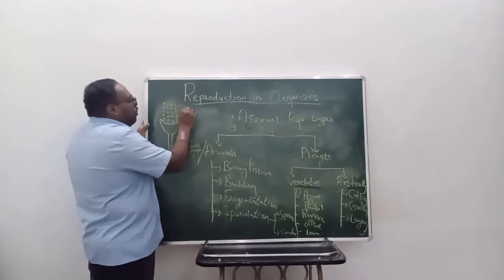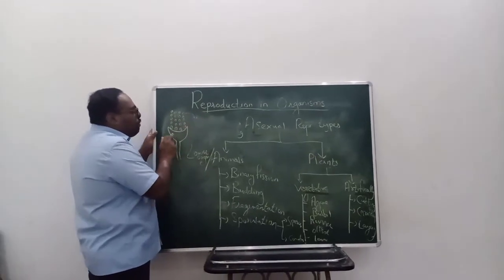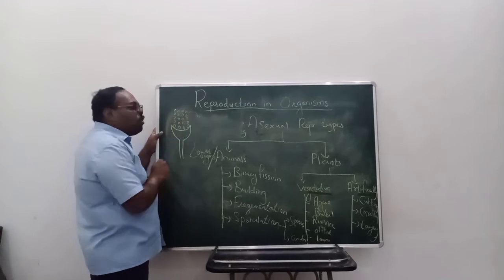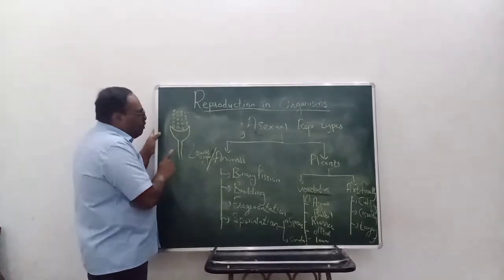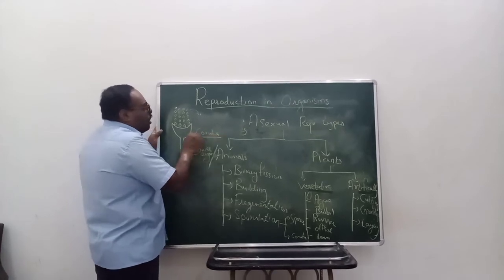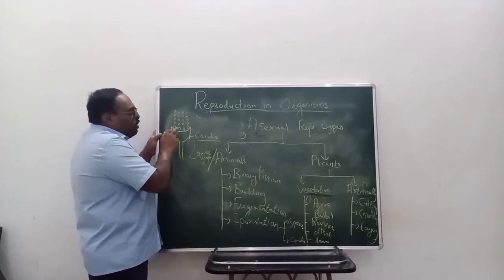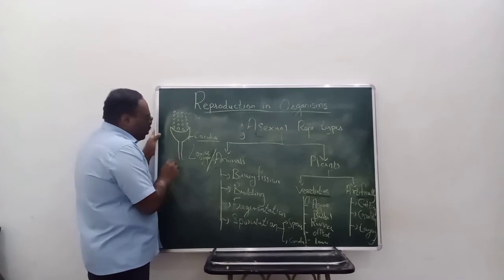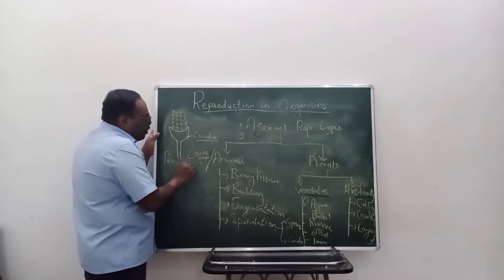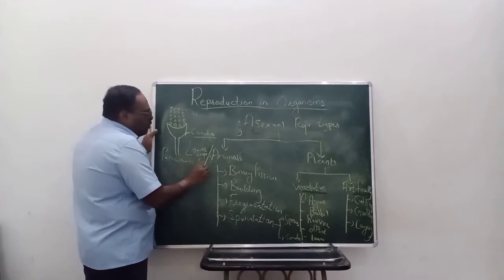They will fall down and have the capacity to develop into another organism. This is the structure of conidia. The best example for conidia is Penicillium notatum, which is a fungus.